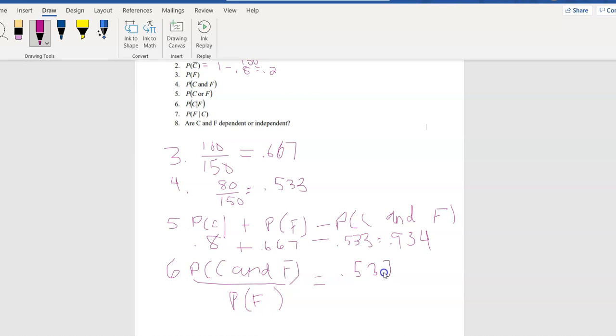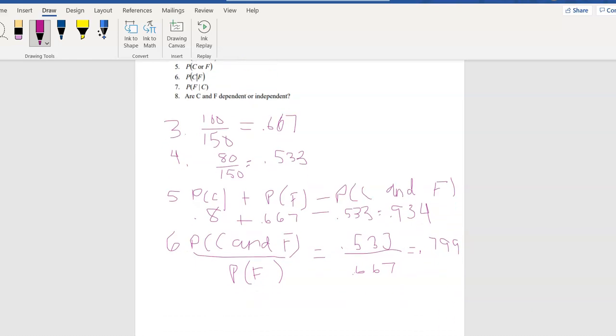And then the probability of F was number 3's answer, 0.667. And if we put that in the calculator, we get 0.799. It's probably a solid 0.8 because we have rounded everything, but that's all right. We'll leave it as 0.799.